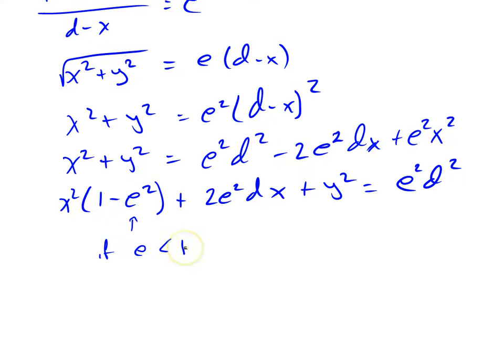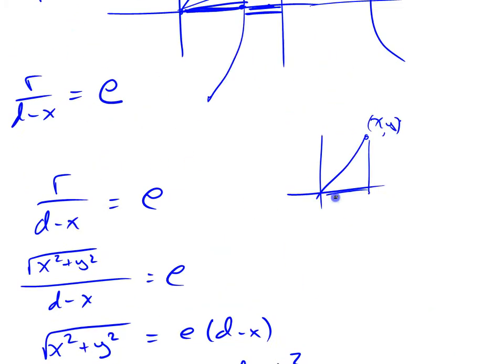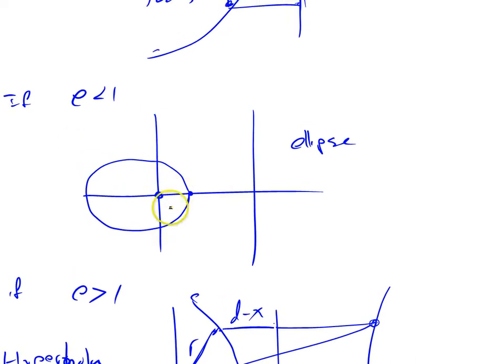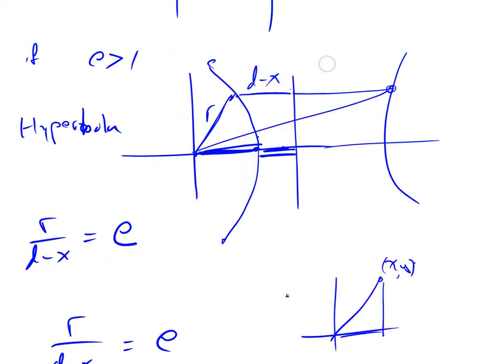If e is less than 1, then 1 minus e squared is positive, and you've got a positive in front of the x squared, a positive in front of the y squared. We're talking an ellipse, right? Is that what we set up above? If e squared was less than 1, yes, we were looking at an ellipse.